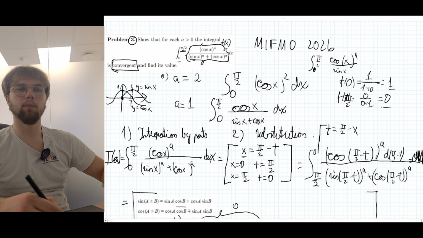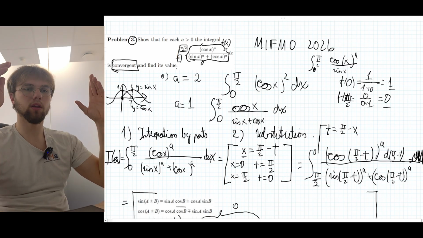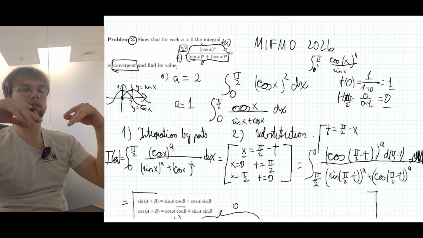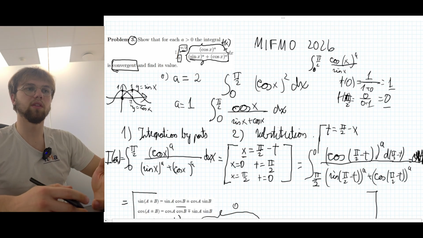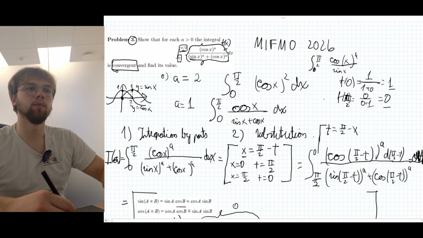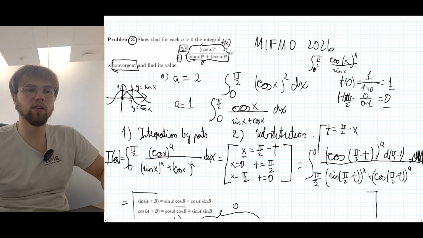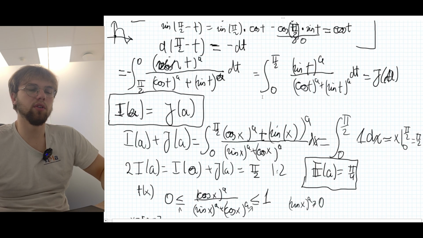And the values of the bounds are also finite, and the function itself is bounded. So basically you can just state that obviously the integral itself is convergent because it doesn't have any discontinuities. And then you do this substitution, and you just finish.